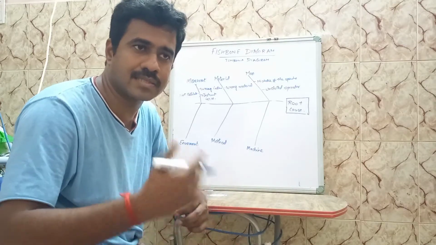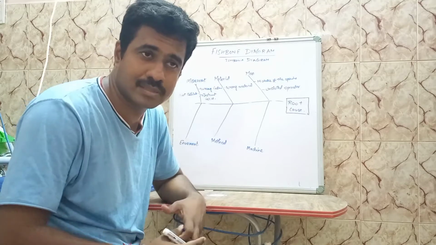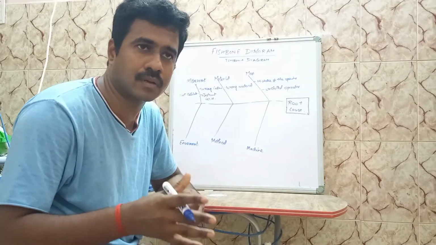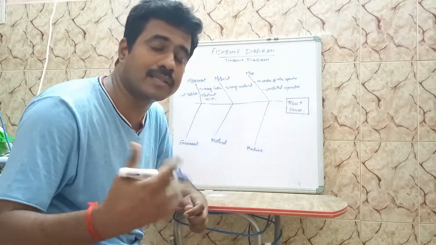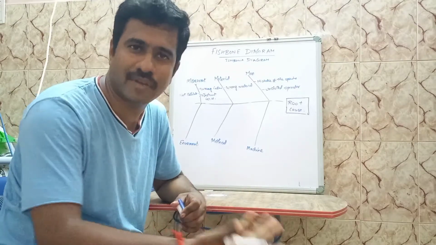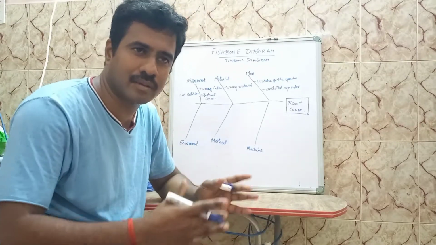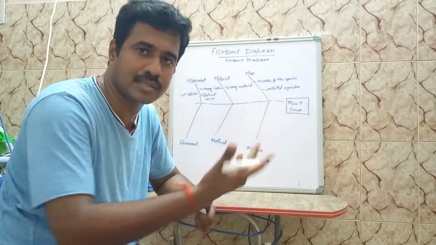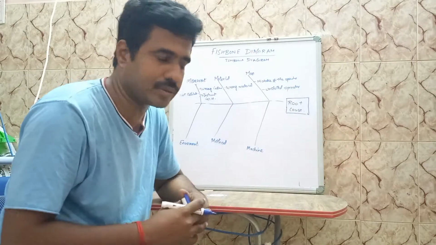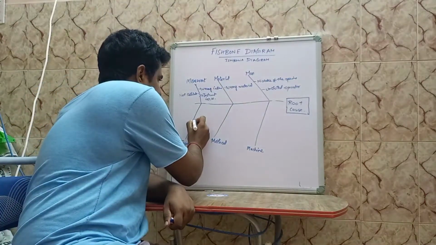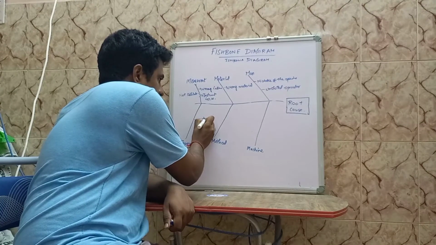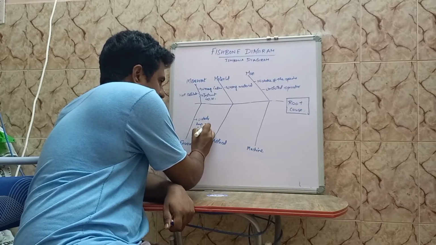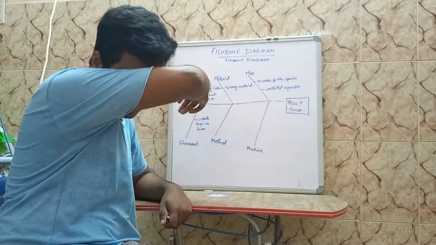If the standard requires the material to be processed at 23 degrees Celsius room temperature, then during the winter it will be around 19 or 15 degrees, or in cold countries around 5 or 0 degrees. So we have to make sure the problem doesn't arise from the environment. I'm just going to write down that the outside temperature was lower. It's just a small example. It can be something else also.